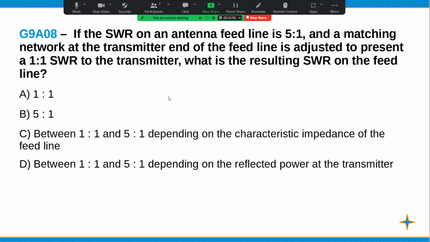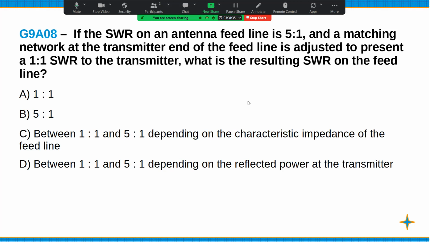If the SWR on an antenna feed line is 5:1 and a matching network at the transmitter end of the feed line is adjusted to present a 1:1 SWR to the transmitter, what is the resulting SWR on the feed line?